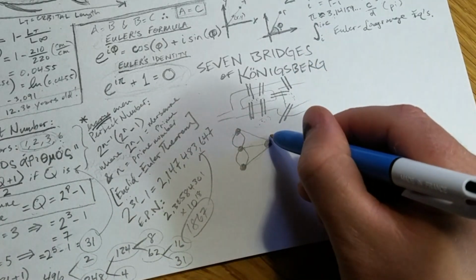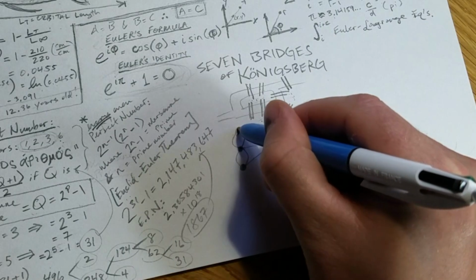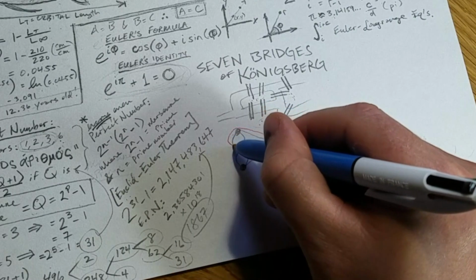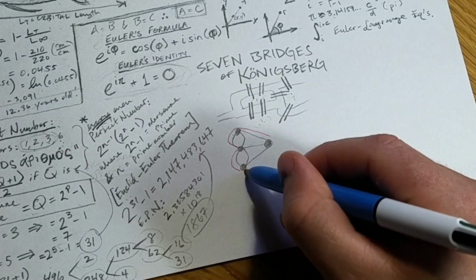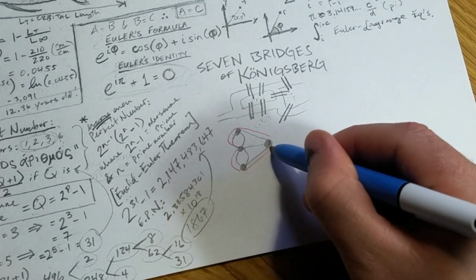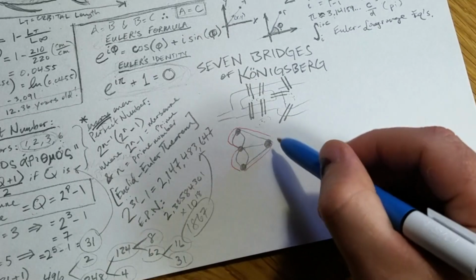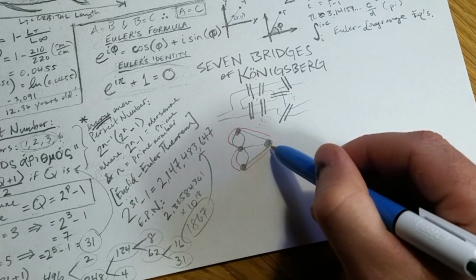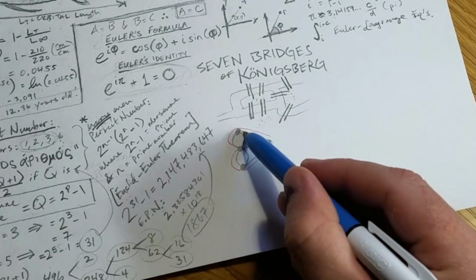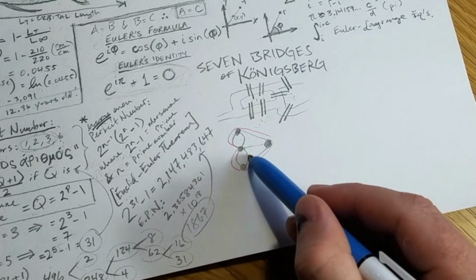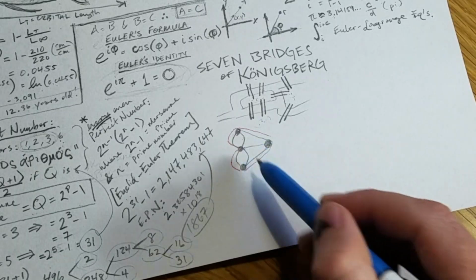So we can try it. 1, 2, 3, 4, 5. And now we went across this bridge, this, and this, but we didn't go across 3 of these.